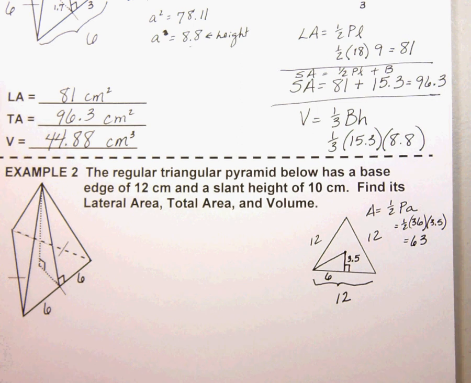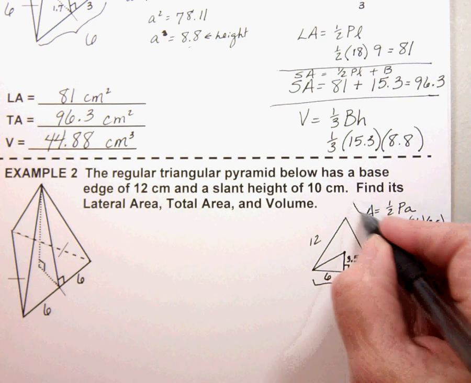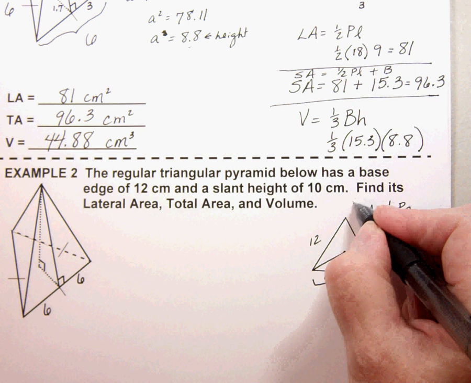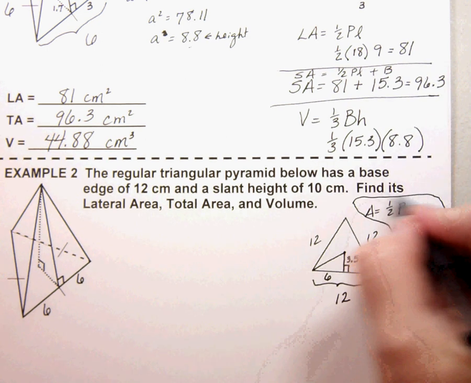So 63 is the base area. And we're going to use that when we do the volume. So we'll keep that. Let me write this over here. This is the area of your base.